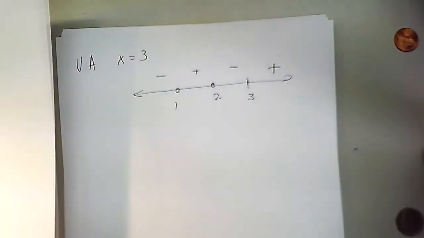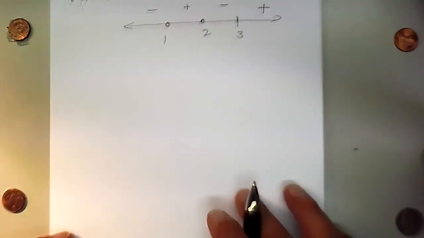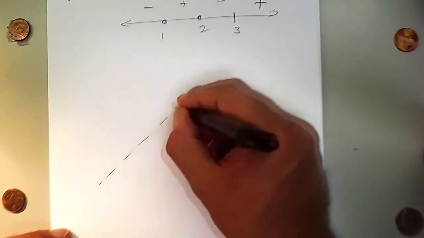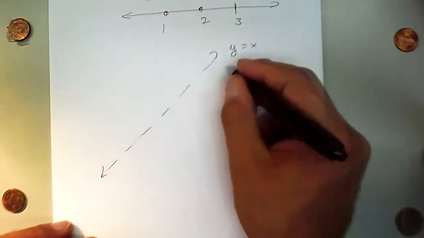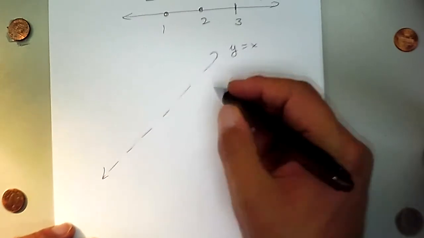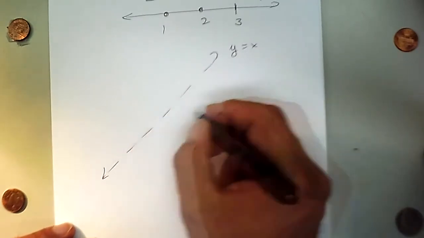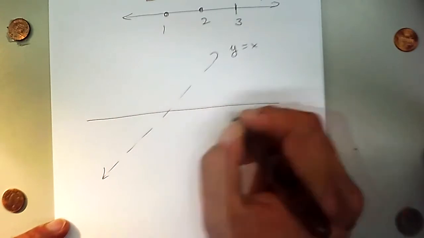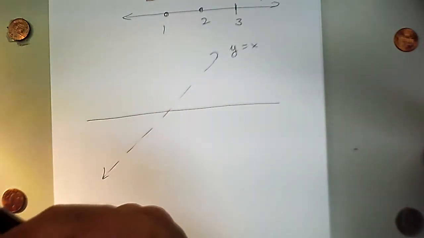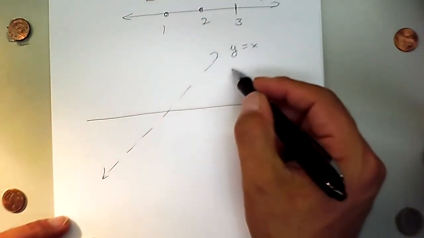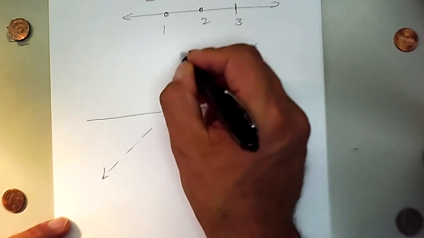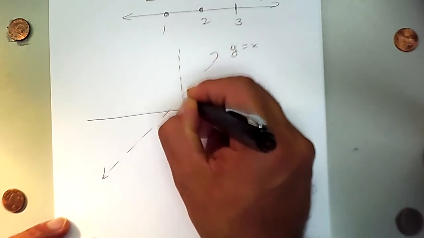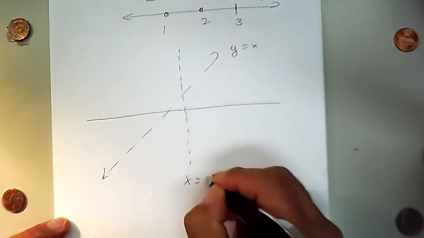And we can start drawing our picture. So we have an oblique asymptote, y equals x. That's a dotted line, not a firm line. So we have a vertical asymptote at 3, x equals 3.